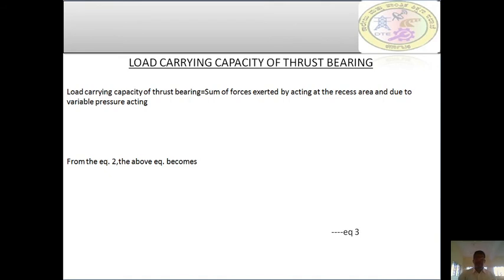Then what will the equation be? You see here, W, which is called the load carrying capacity, is equal to the sum of forces. Force is equal to what? Pressure into area.